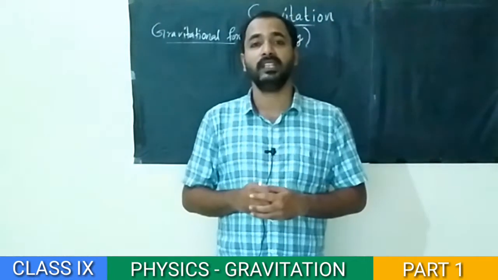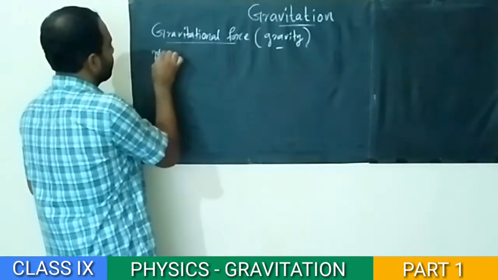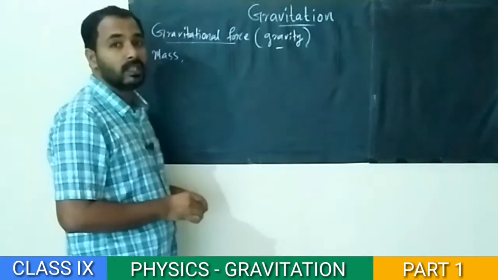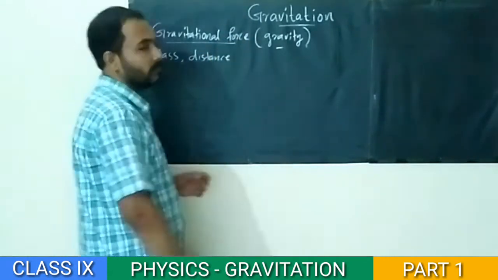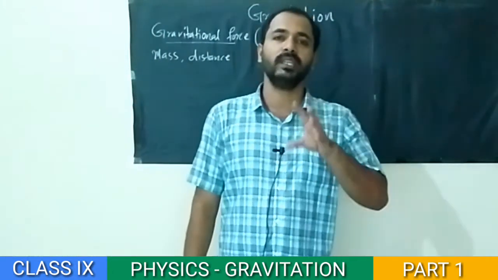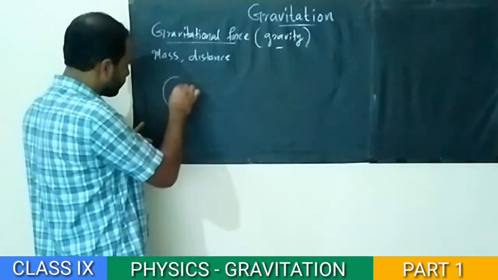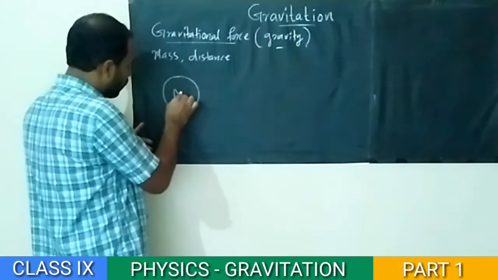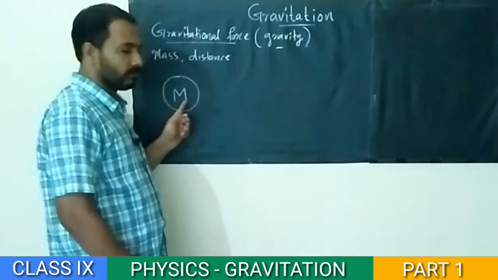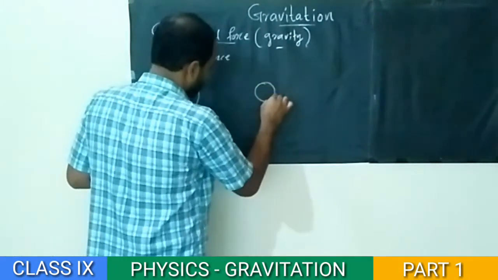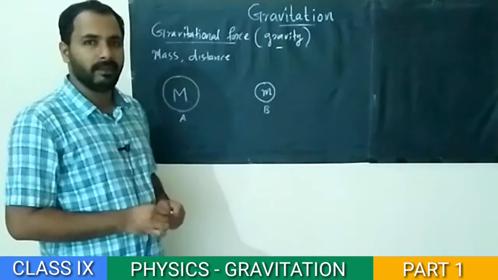The universal law of gravitation depends on two factors. One is the mass of the objects. Next is the distance between objects. For example, we consider two objects. Object A, its mass is capital M. Object B, its mass is small m.